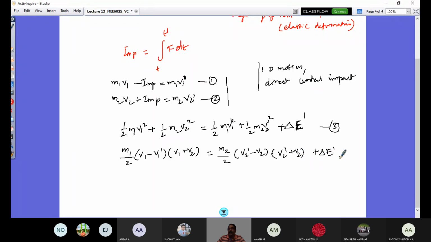So this is my equation 4, right? Why did I write this?